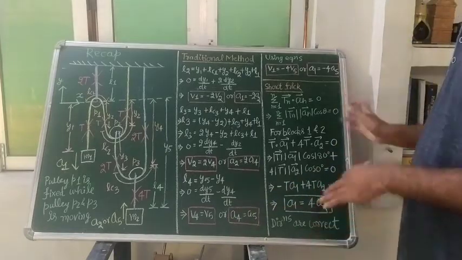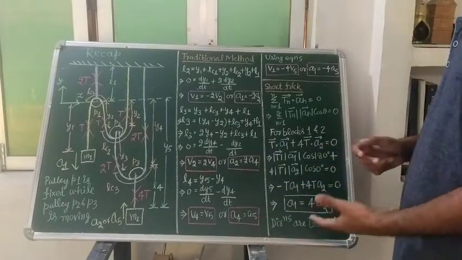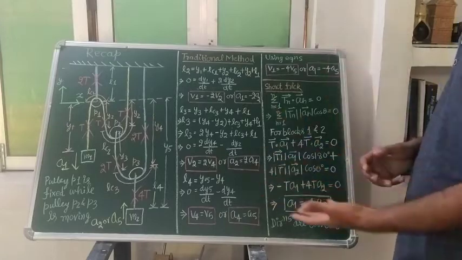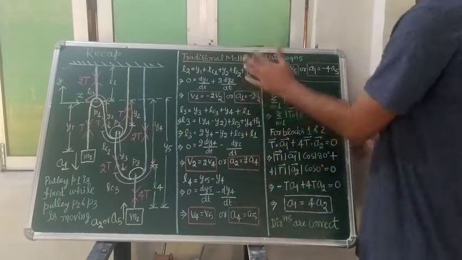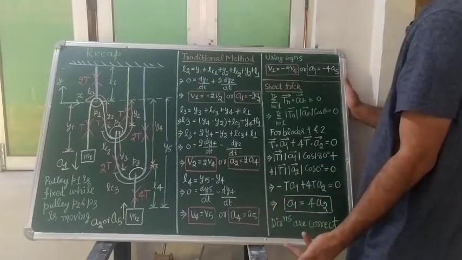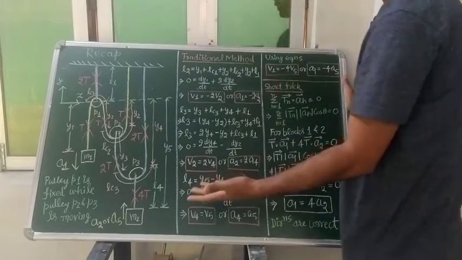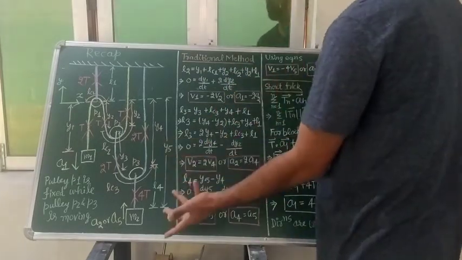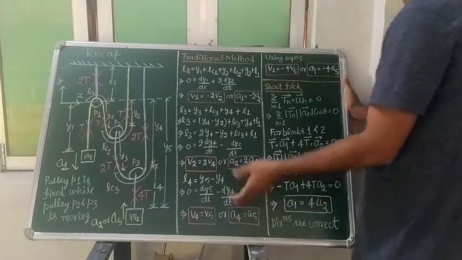Now student, from these equations we can come to the relation between the accelerations and velocities that we want to know. And since the question was asking us to find the acceleration of the blocks, using this equation what will we get?